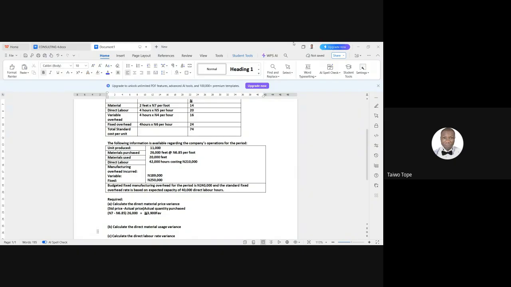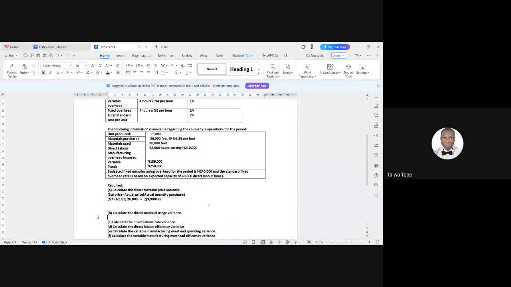We treated flex budget, isn't it? While we were treating flex budget, what were we doing? You convert your budget to a unit value multiplied by the actual production in the question to give you the flex value. So now, going by this question, let's see how to come about that.